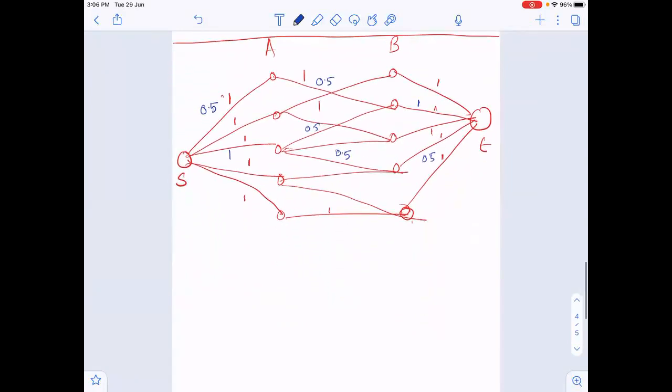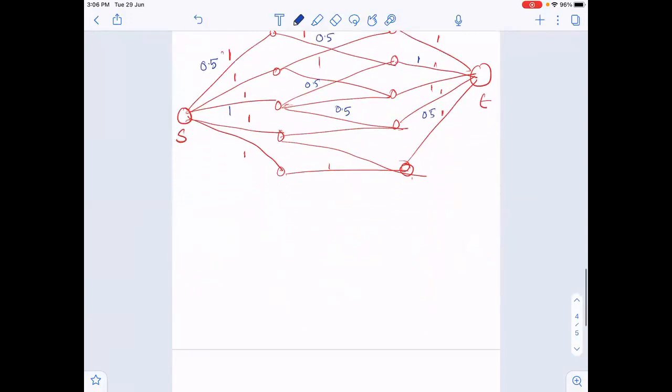Okay. So this is a theorem that was done in your MTech CS discrete math course. It is a very important theorem.